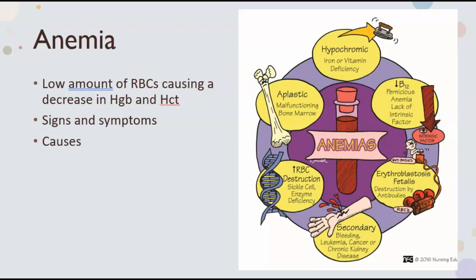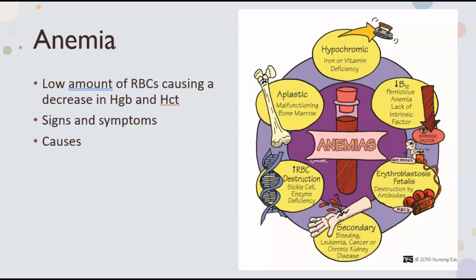Signs and symptoms of anemia are going to be the general signs and symptoms. You'll have fatigue, shortness of breath, and weakness. If the onset of anemia is sudden, symptoms are going to be more dramatic. So if they're anemic because they're hemorrhaging, then the symptoms are going to be more dramatic.